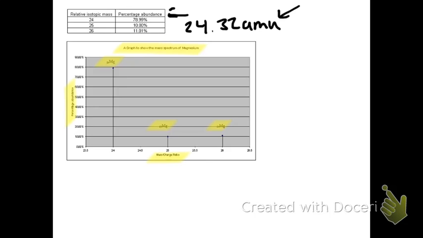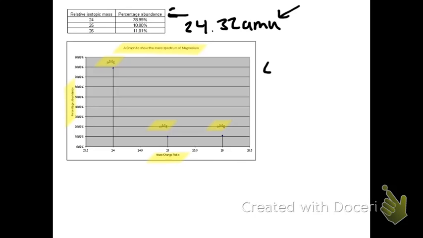The first thing you're going to do is take the relative isotopic mass of magnesium 24. Let's write this down.